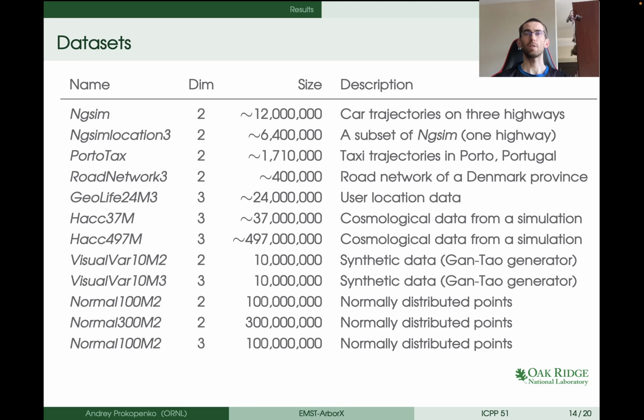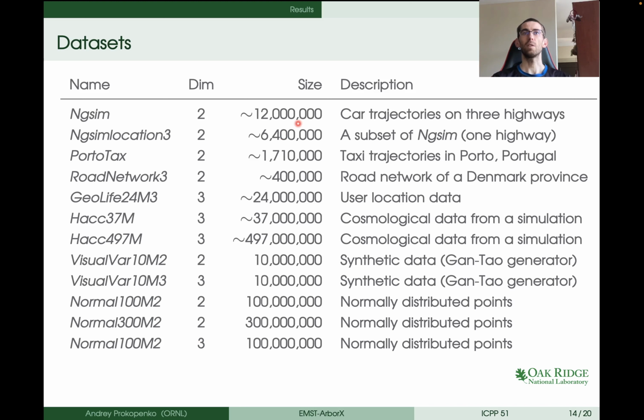Some of the datasets correspond to road network or trajectory data. 2 of the datasets correspond to the data from a cosmological simulation. 2 of the datasets correspond to the synthetic data generated using GAN-Tau generator, which is well known in the clustering community. And finally, we had 3 datasets that use randomly distributed points using normal distribution.